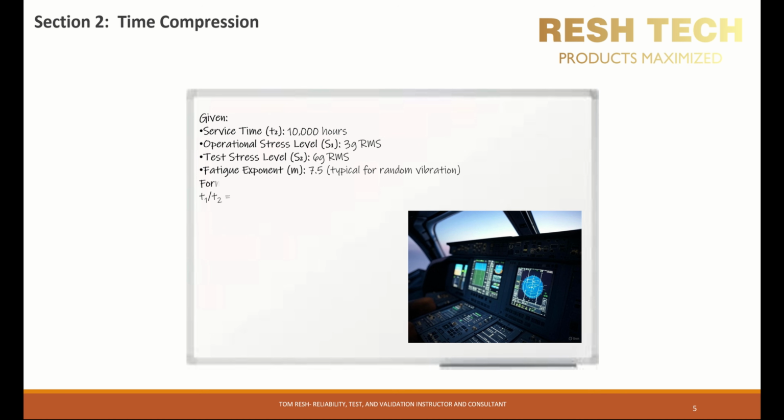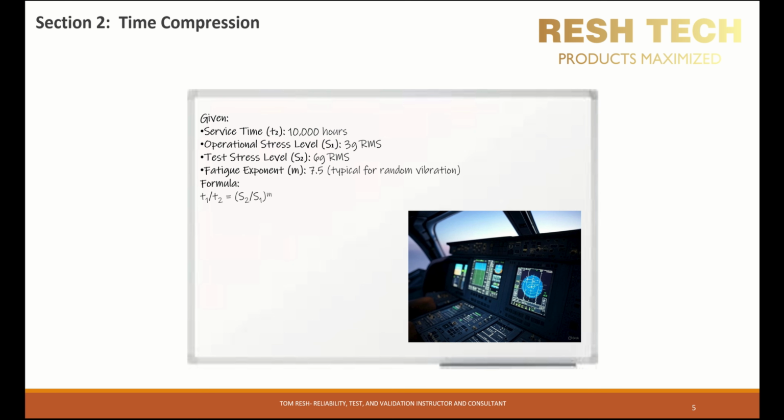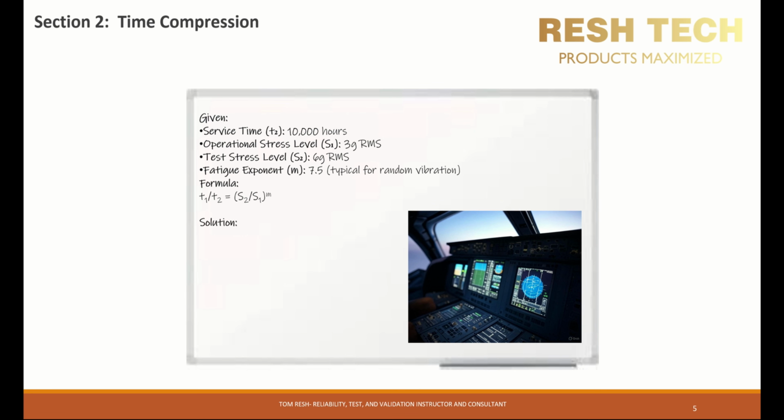The service time, T2, is 10,000 hours. The operational stress level, S1, is 3 GRMS. The test stress level, S2, is 6 GRMS. And the fatigue exponent, m, is 7.5 in this example. Let's go ahead and solve the equation.